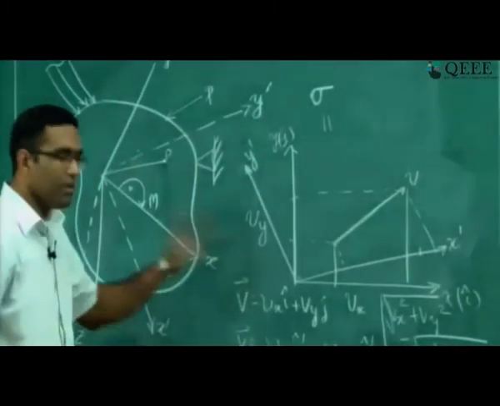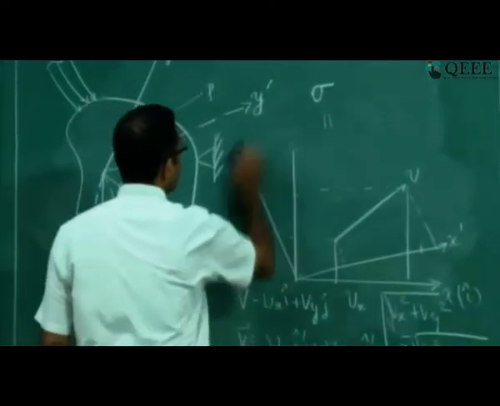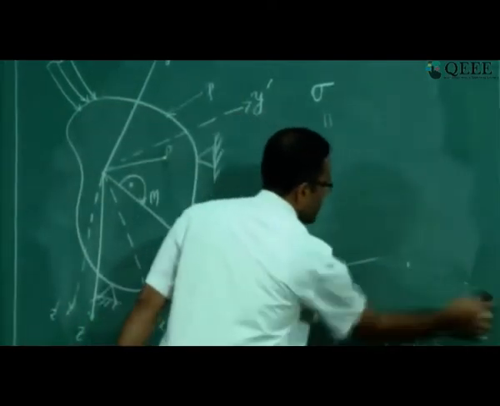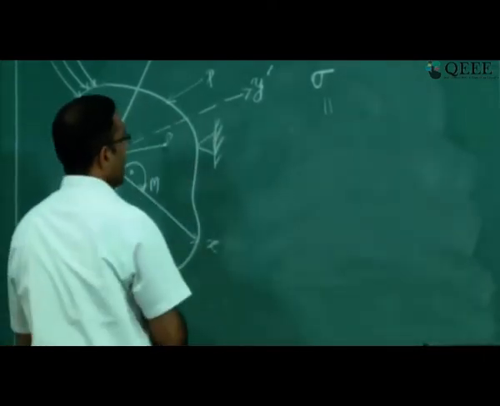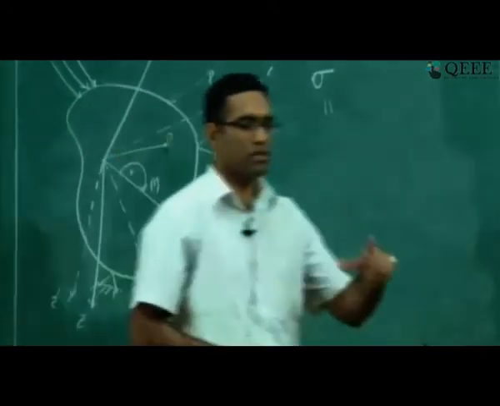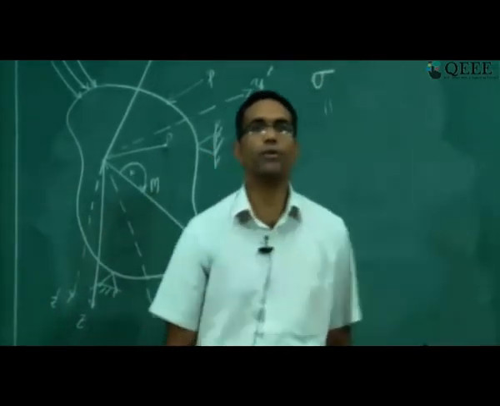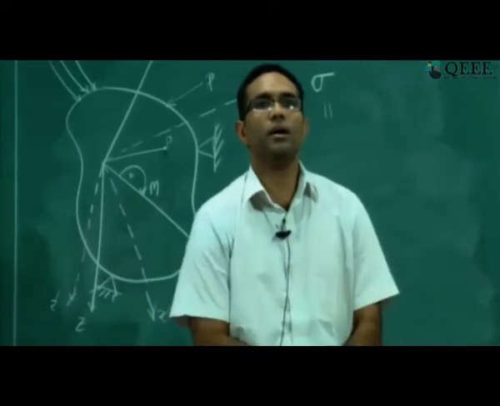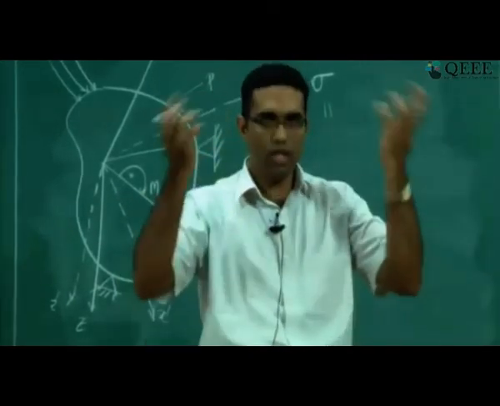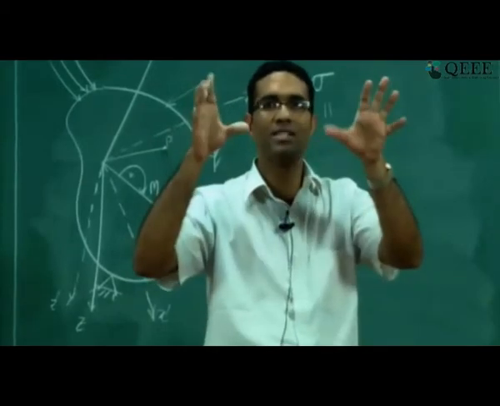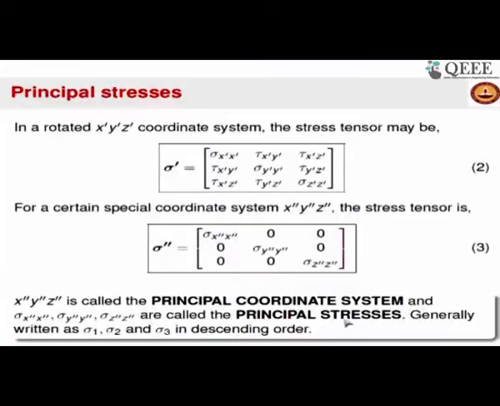So in a similar spirit, the stress tensor is also a physical quantity, except that instead of one suffix you need two different suffixes to represent it. Depending on the coordinate system, as you rotate the coordinate system, you will find that the components of the stress tensor change. They will change, but something about the stress tensor will not change. It is the same physical entity that we are talking about.